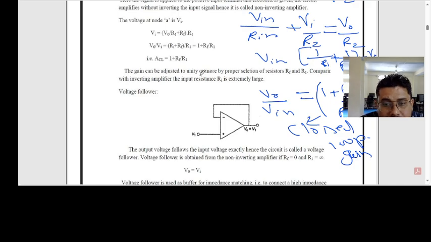The gain can be adjusted to unity or more as proper by selecting R2.